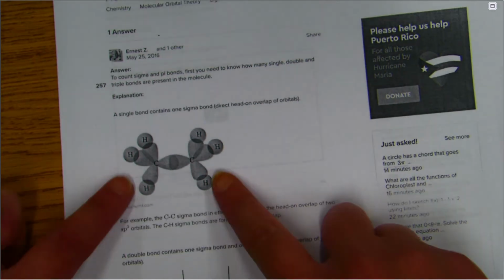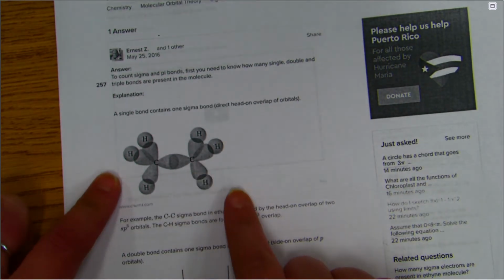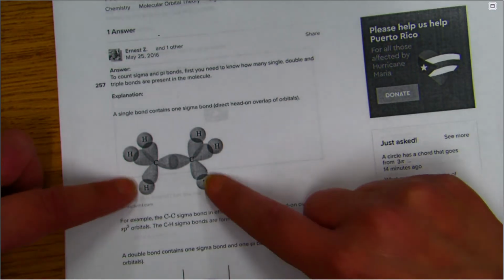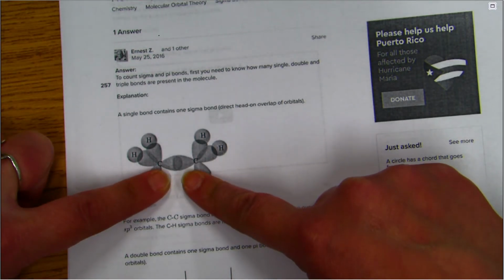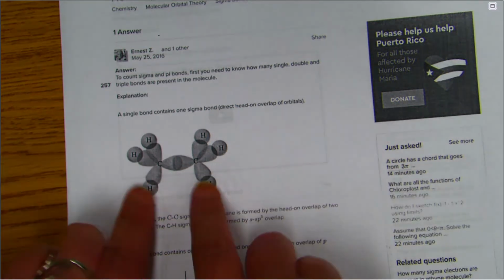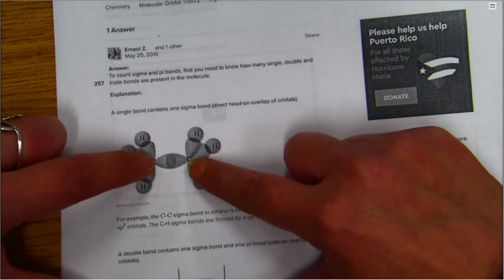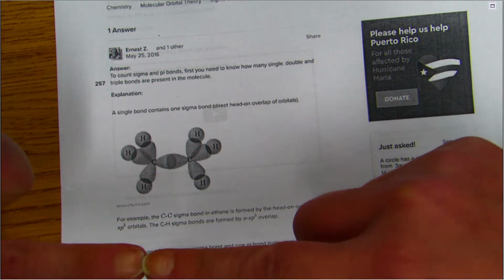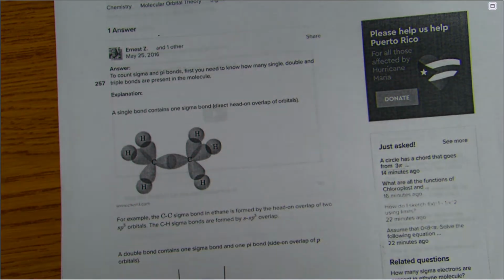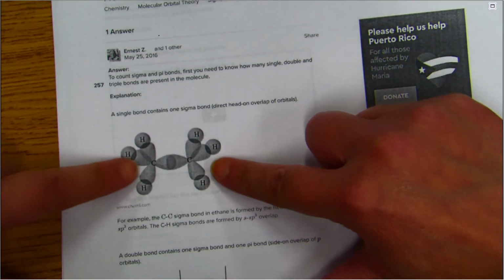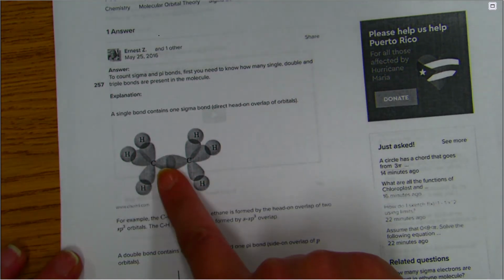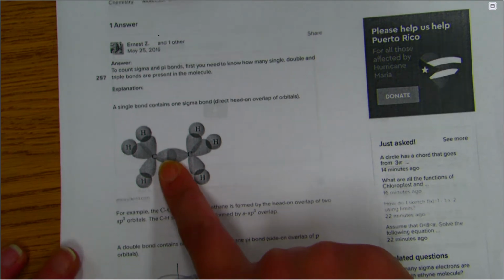A single bond contains what we call a sigma bond, and that's where we have an overlapping of orbitals. Remember, we've already talked about hybridization. When two orbitals directly overlap head-on, kind of like a head-on car collision, that is what we call a sigma bond.